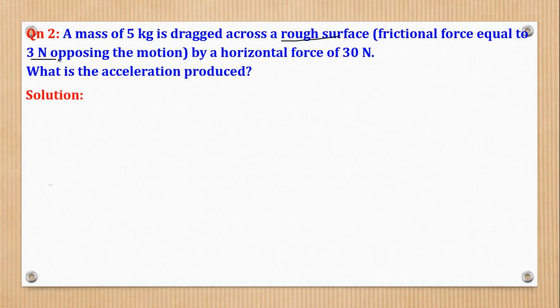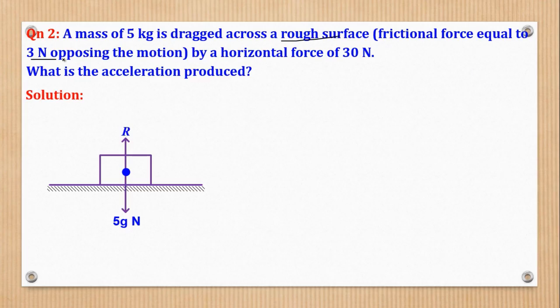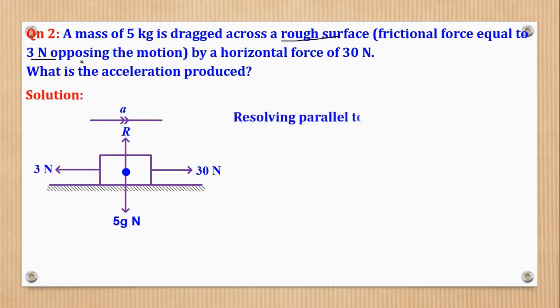Therefore, we shall say that the surface is there, the particle is there, the weight, the normal reaction, the pulling force, the direction of motion, and because friction opposes motion, it will act in the opposite direction to that of motion. Therefore, resolving parallel, F is equal to ma.